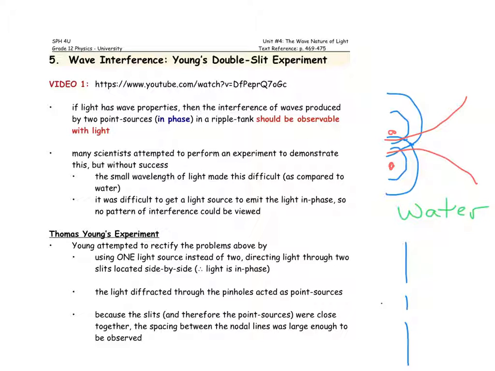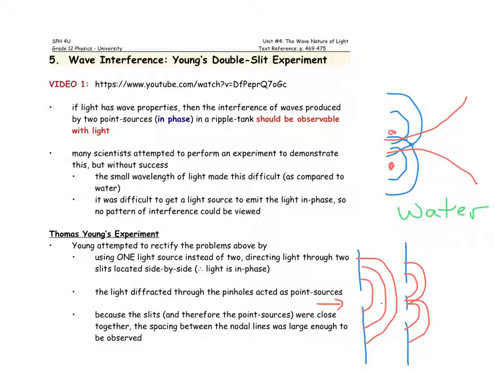So for instance, he might have had a bigger slit right here, and then he would have light waves coming through this one source. But then when they would hit this barrier over here, they would diffract through these two point sources so that they would be completely in phase with one another. So the light diffracted through those tiny little pinholes, and they had to be small because the wavelength of light is so small.